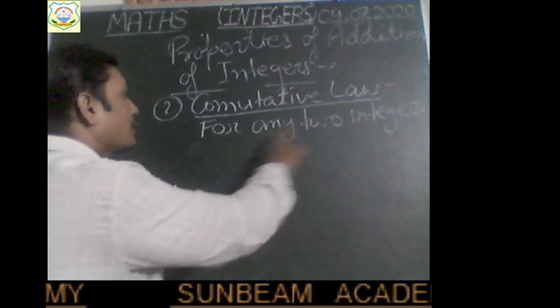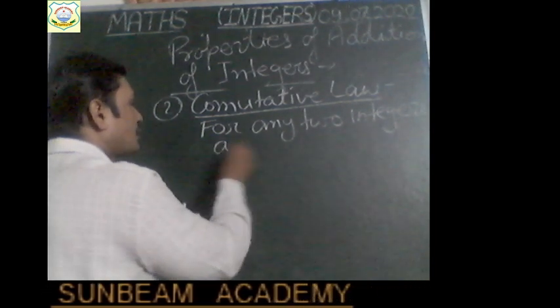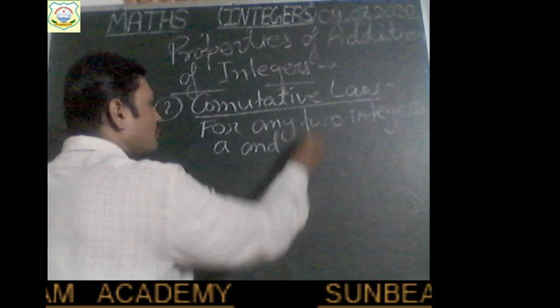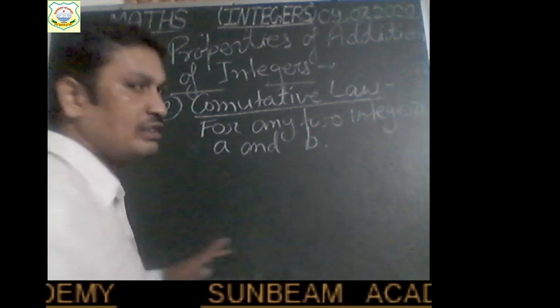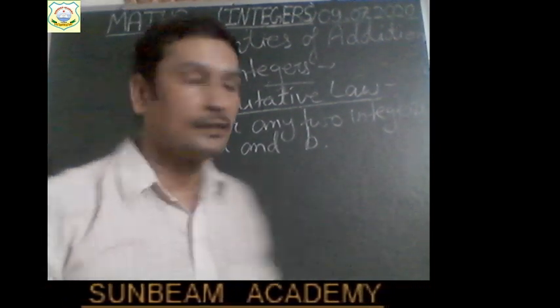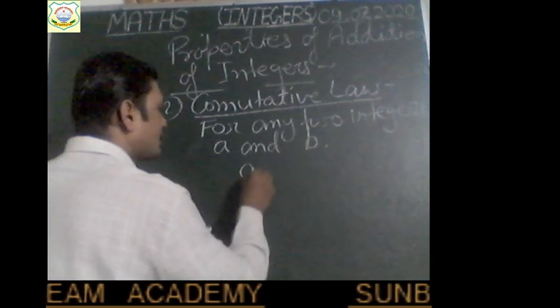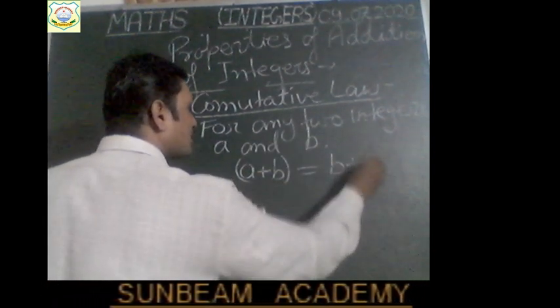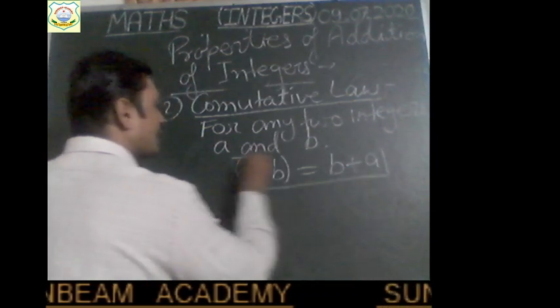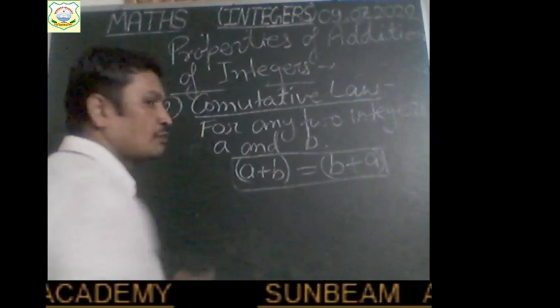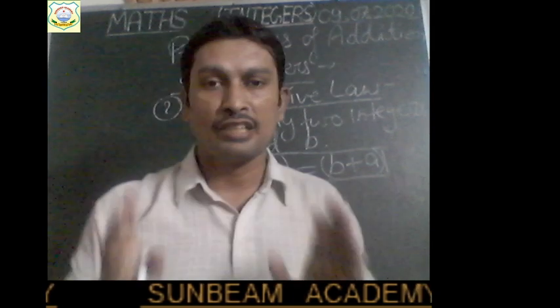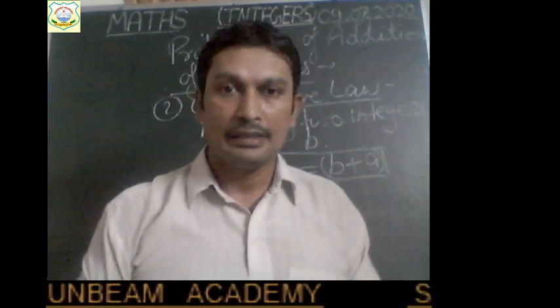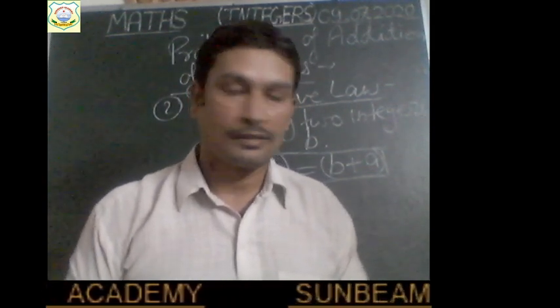Suppose a and b, we don't know the values of the integers, so we consider them as a and b. Then we can write a plus b equals b plus a. If we add the integers by changing the order, in both cases the result will be the same, right? This is the commutative law.